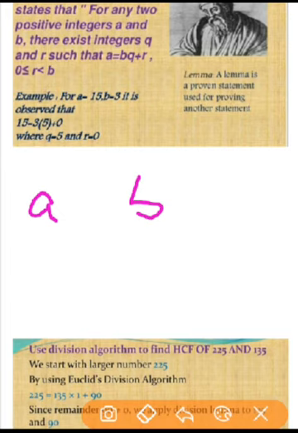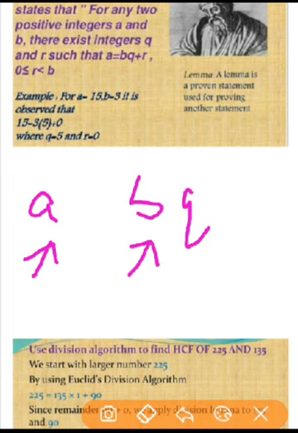Then a will be the dividend and b will be the divisor. Whenever we divide two positive integers, we will have two more positive integers, one the quotient and one the remainder. Suppose the quotient is q and the remainder is r.